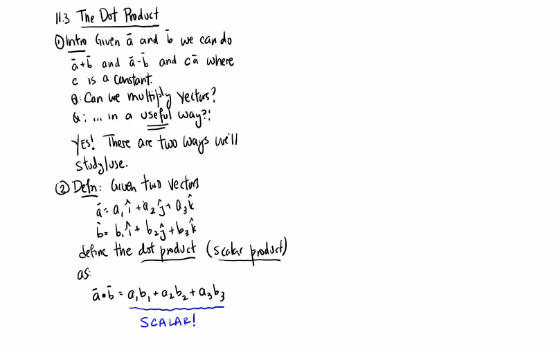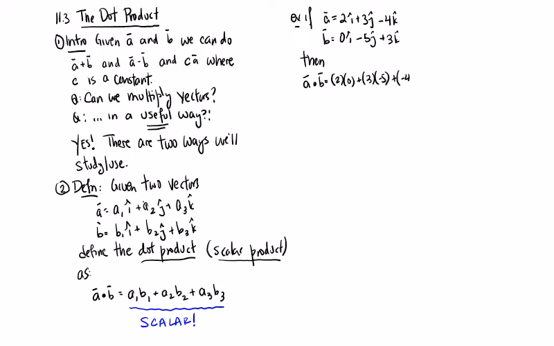Now, let me give you an example. For right now, don't worry about why this thing is useful. Just notice that it gives a result. So if I have 2i plus 3j minus 4k, and say 0i minus 5j plus 3k, and if we dot them, we get 2 times 0 plus 3 times -5 plus -4 times 3.